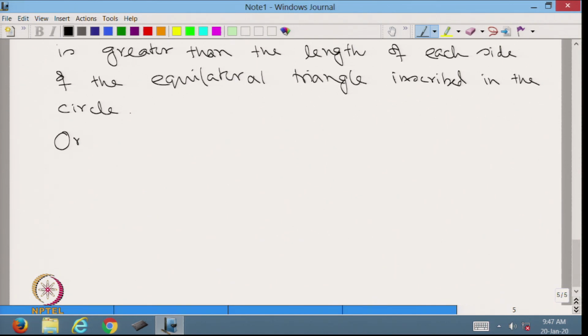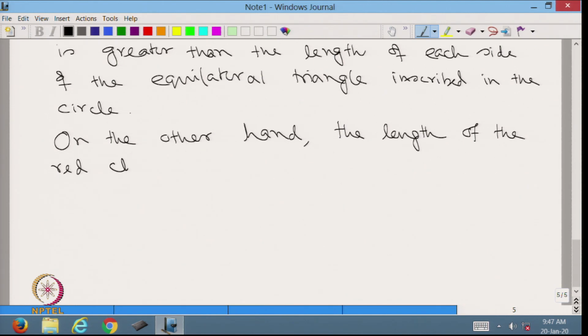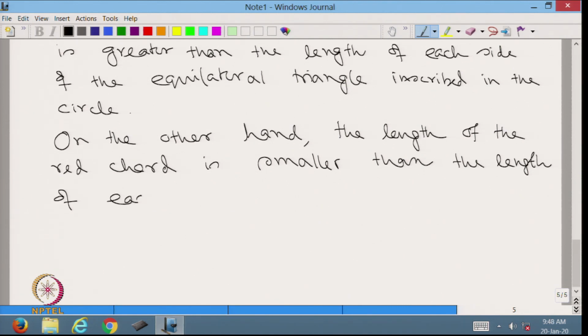On the other hand, the length of the red chord is smaller than the length of each side of the above triangle.